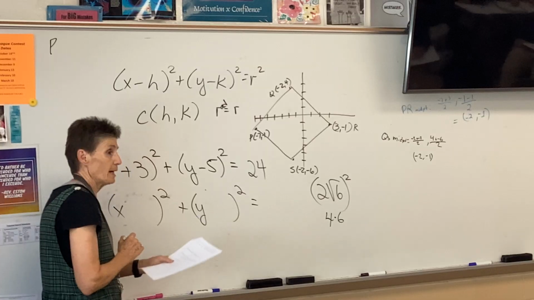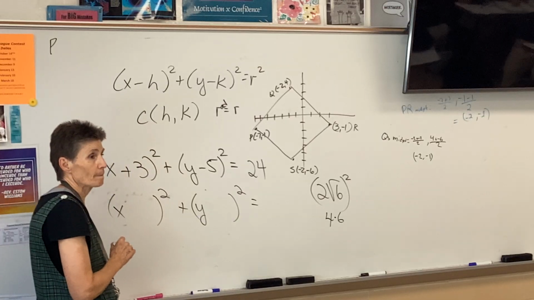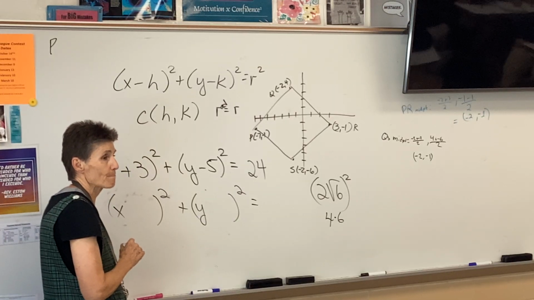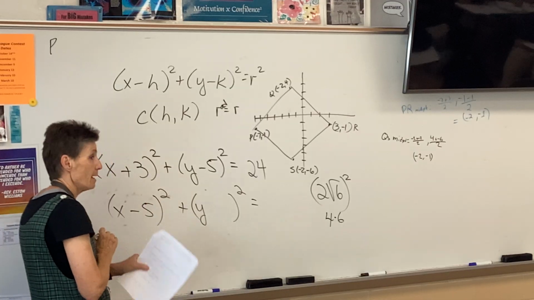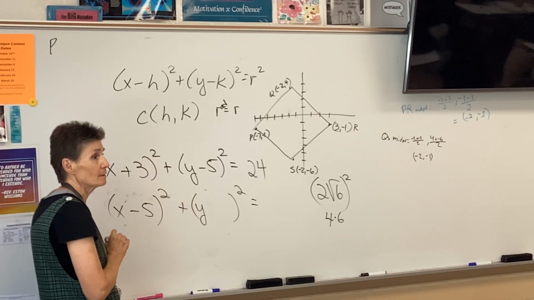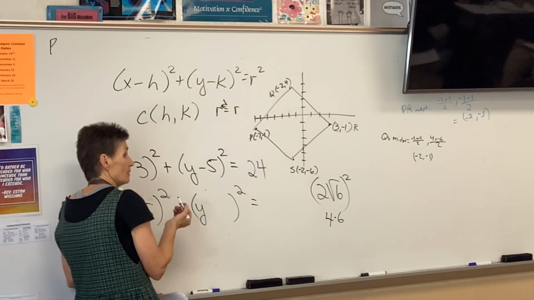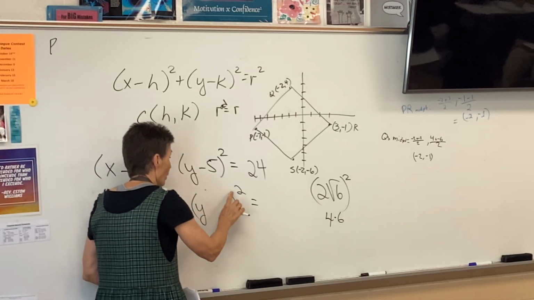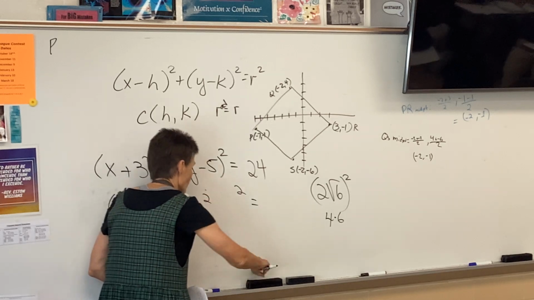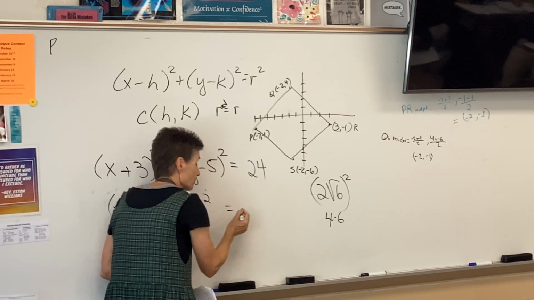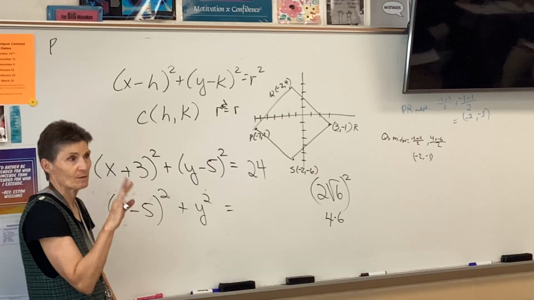B. What's that one going to look like? (x − 5)² and y... you can say minus 0, or actually we could get by with just y². Would that be okay? If you want to put in the minus 0, that's fine.